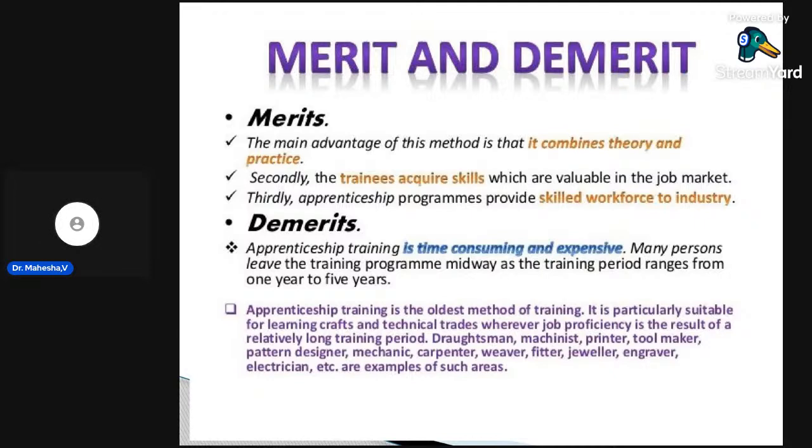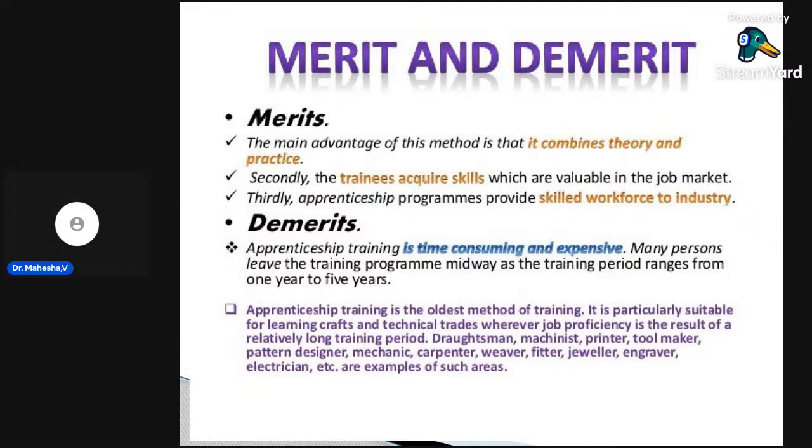They cannot certify them in a short span of time, and it will be expensive to the organization because the industry gives a very nominal remuneration to the apprentice. Again, it will be a financial burden to the organization. Many persons leave the training program midway as the training period ranges from 1 year to 5 years. In case of long-term training, someone completes 1 year or 2 years, and immediately they leave.